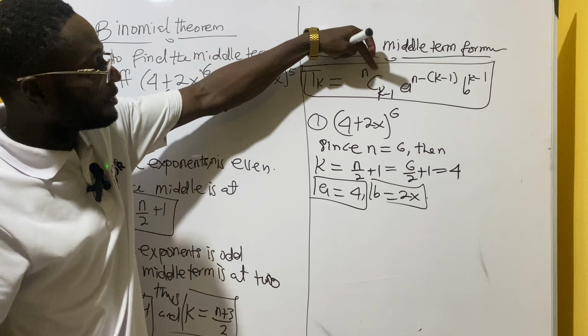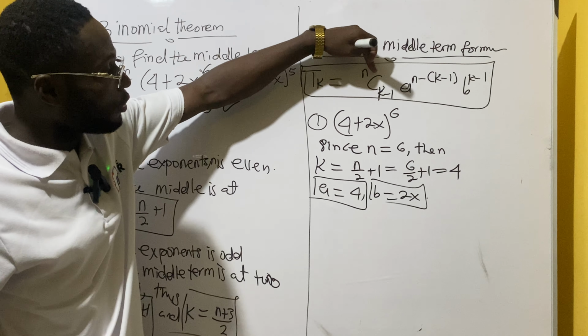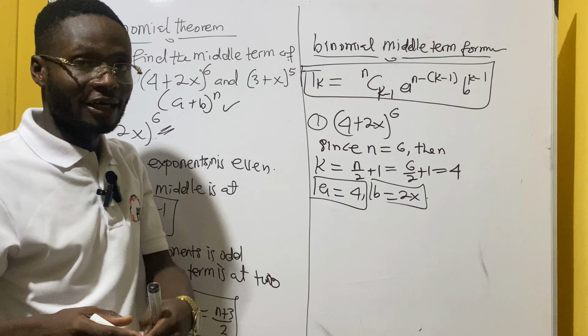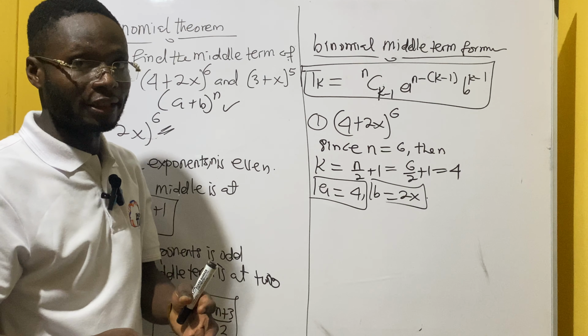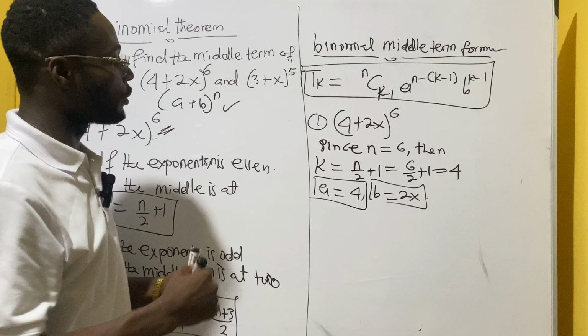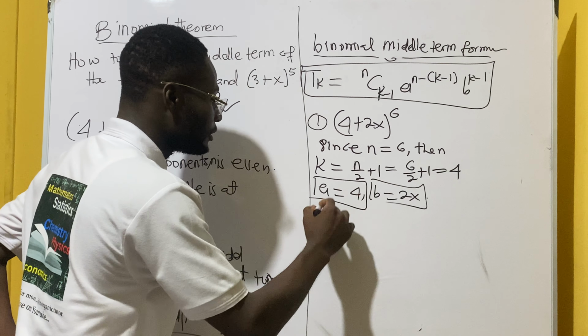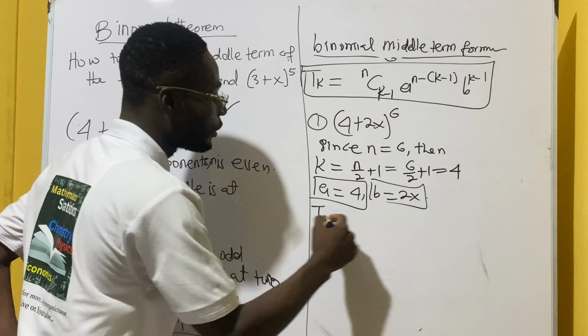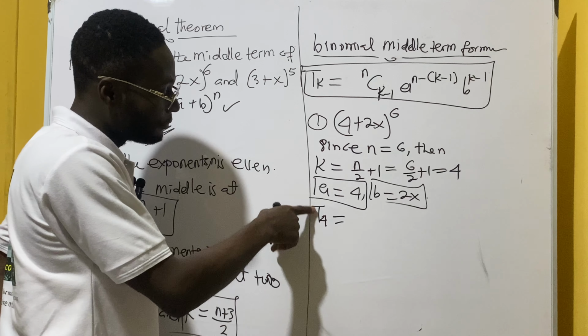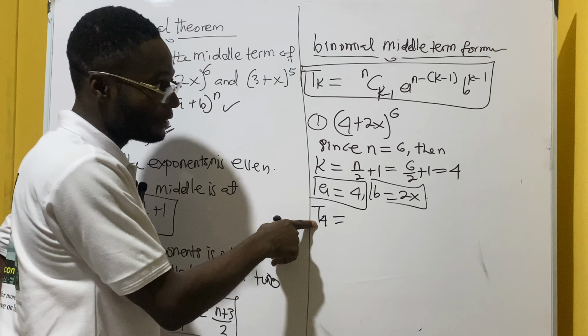This is a combination symbol, and it's right there on your calculator, or you can calculate it by yourself. So here, T subscript 4, that is the fourth term, is denoted as this.